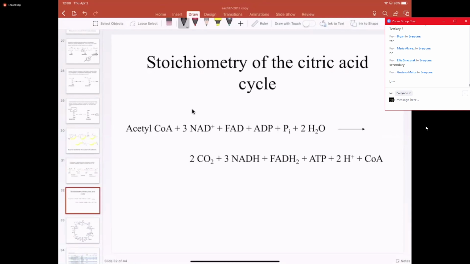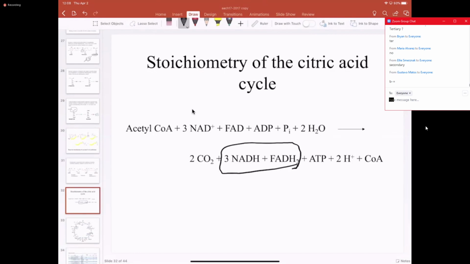The stoichiometry of the citric acid cycle is shown here. Again, the thing about this is that you see no oxygen. But what's very important to realize is that in order for these NADH and FADH2 to be regenerated back to NAD and FAD so the cycle can continue, you need oxygen. So although the mechanism doesn't contain oxygen directly, in order for it to continue, you do need oxygen around.